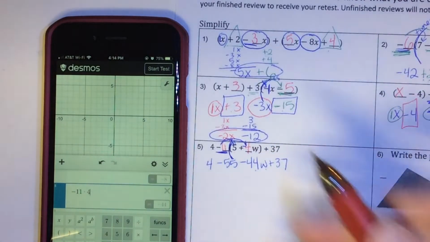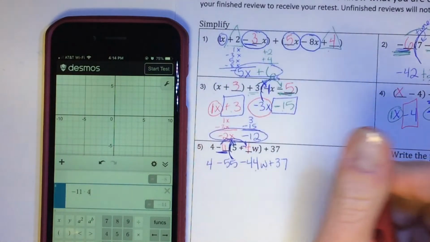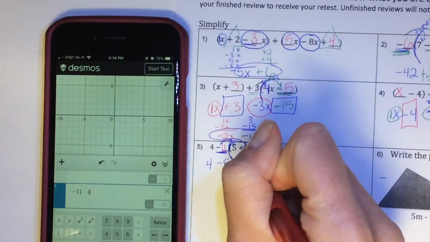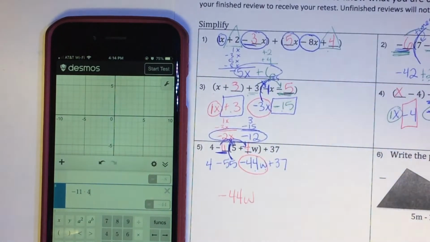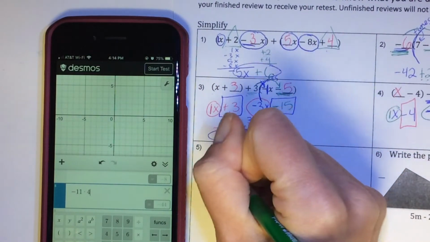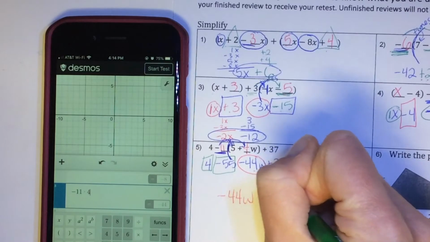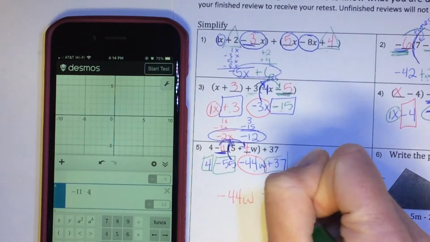There's no more distribution. Now we're ready to combine like terms. And the only place that we have a w is right here. So we just bring that piece right down. And then we have 4, we have a negative 55, and we have a positive 37.